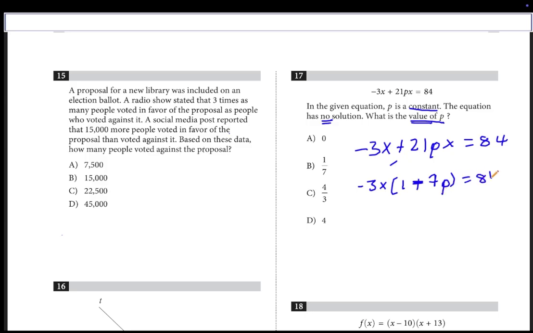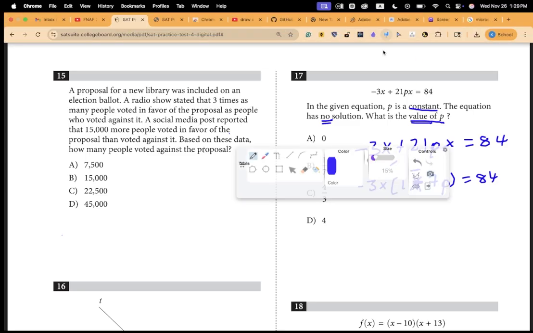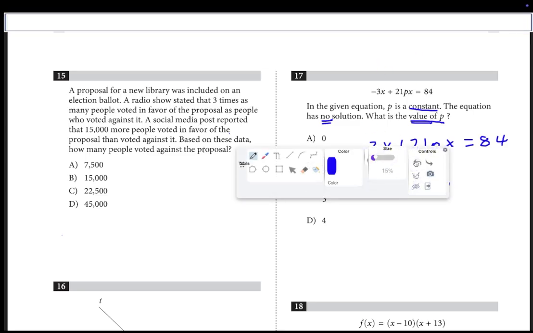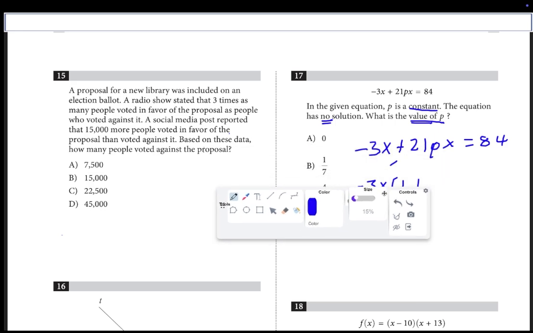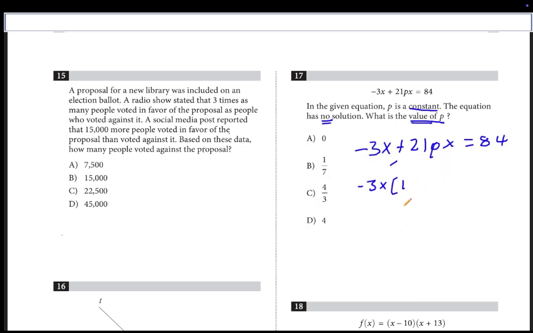So negative 3x times 1 minus 7p is equal to 84. Now we're going to divide negative 3 on both sides, pardon me, not negative 3x, negative 3 on both sides. So we have x times 1 minus 7p is equal to 84.